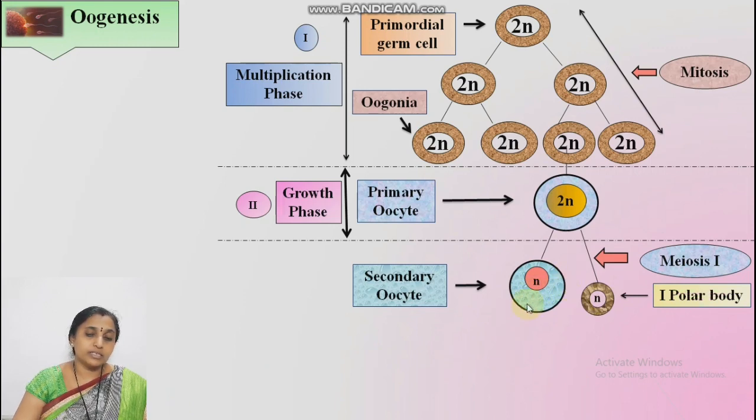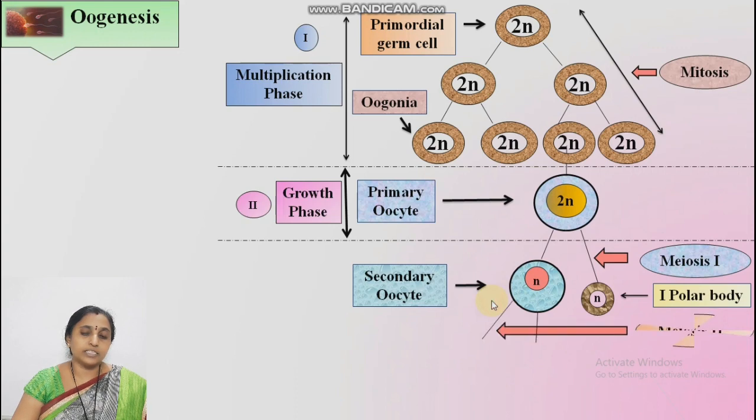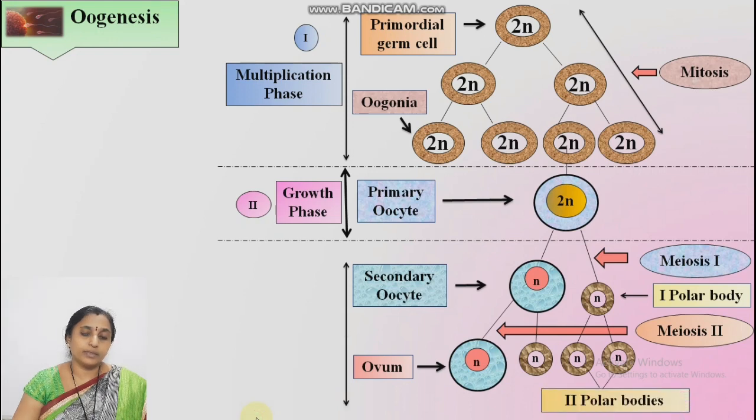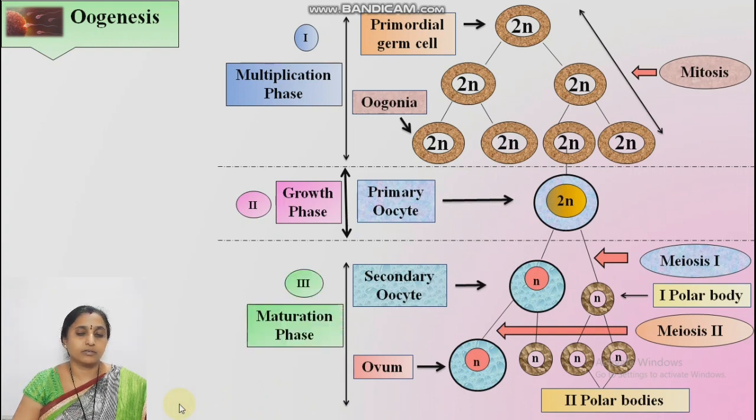One is large, that is the secondary oocyte, and another is small, that is the first polar body. It is a non-functional ovum and does not participate in meiosis 2. The secondary oocyte undergoes meiosis 2 and forms an ovum and a polar body, so one ovum and three polar bodies are formed. That is the maturation phase.